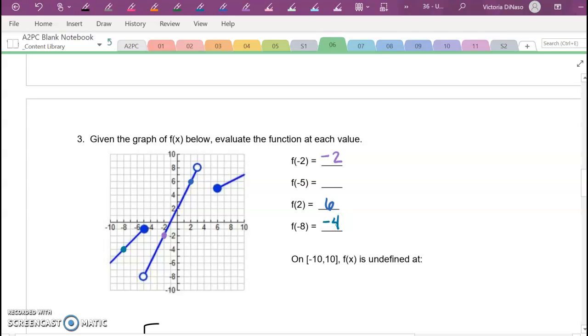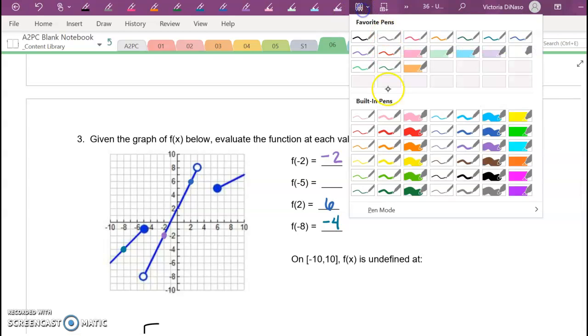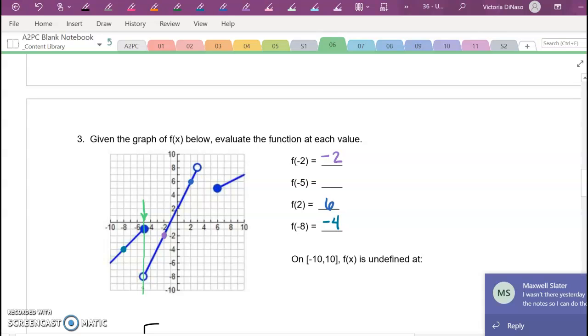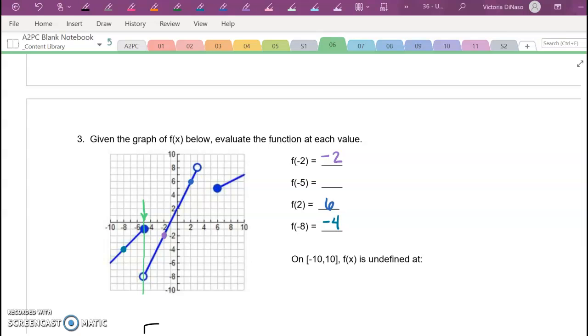Okay, so I told you to skip f of negative 5 because if you check out f of negative 5, or when x is negative 5, it's right here. So that means that everything in this whole piece is negative 5. That's when x is negative 5. Well, in one of them we have a point, and then in the other one we have an open circle.